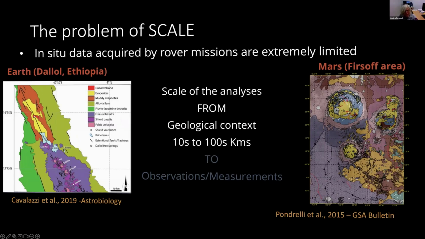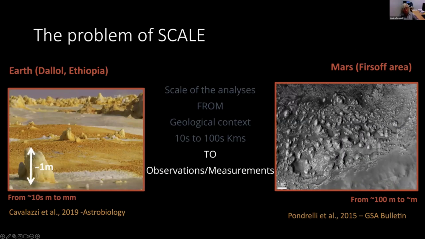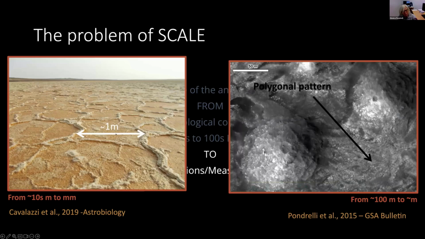But if we switch to the outcrop scale, so observation, measurement, facies definition, we have on Earth and on Mars similar landforms. We have similar polygonal patterns, even with similar scale, but on Mars we are stuck here.